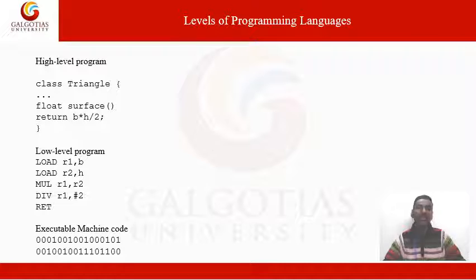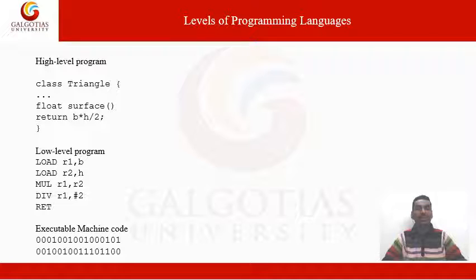So I want to show you the different levels of programming language. High level program, low level program, executable machine code program, and so on. A high level program is nothing but you can see it is in a readable format. That is high level language. Low level language is nothing but like assembler programs, like add a comma b, load a comma b, division.